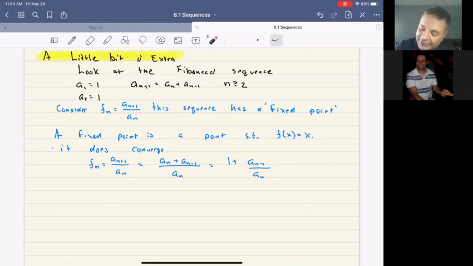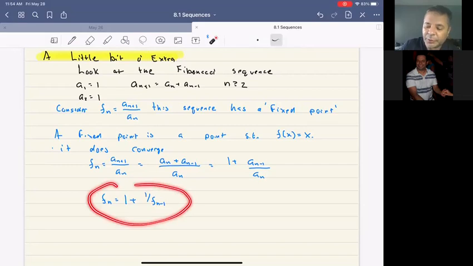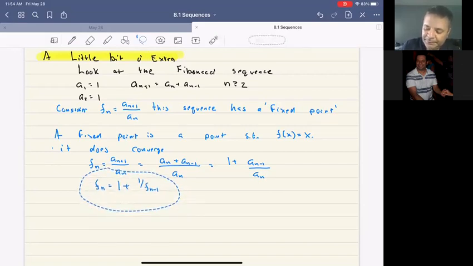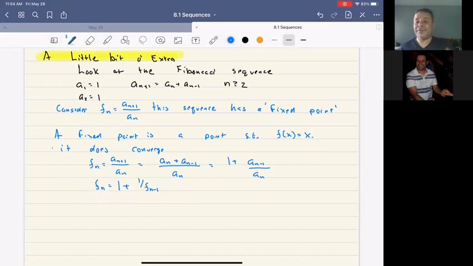But now this, that's right, is the reciprocal of f sub n minus 1. So really, this equation is the one that has a fixed point. Okay, so let's find it.